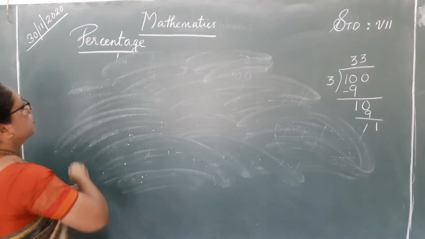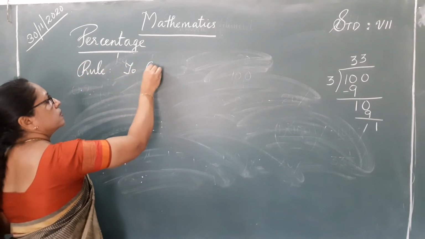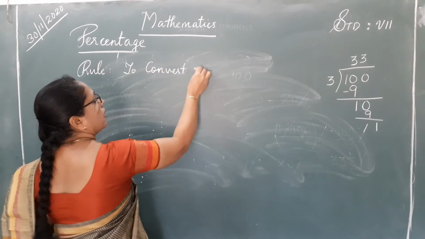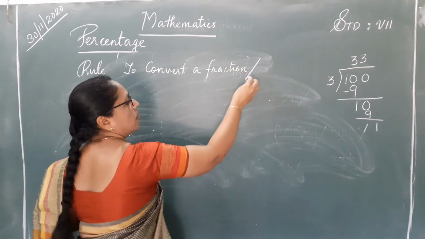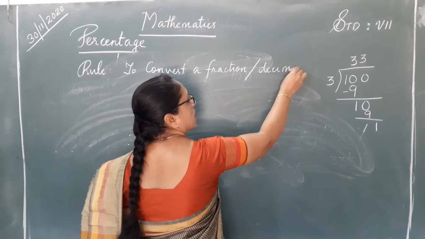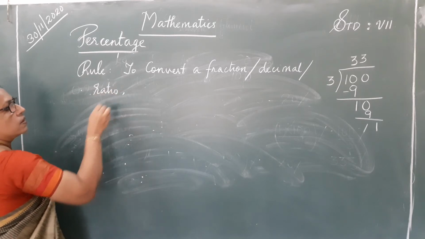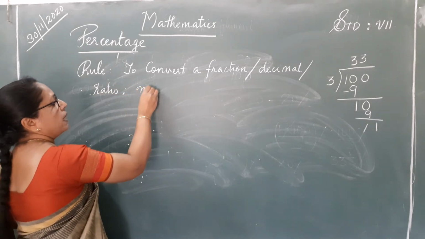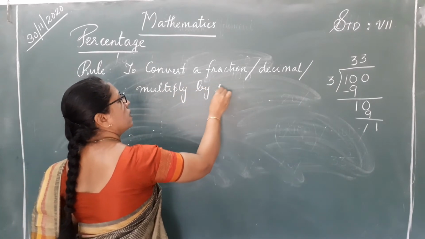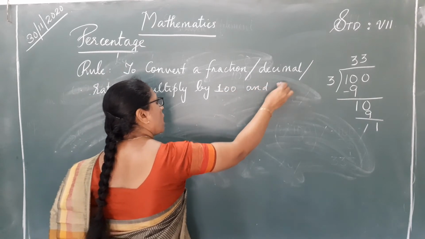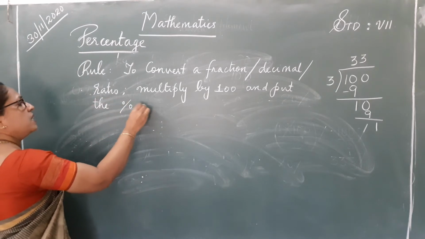The rule is: to convert a fraction or decimal or ratio, multiply by 100 and put the percentage sign.